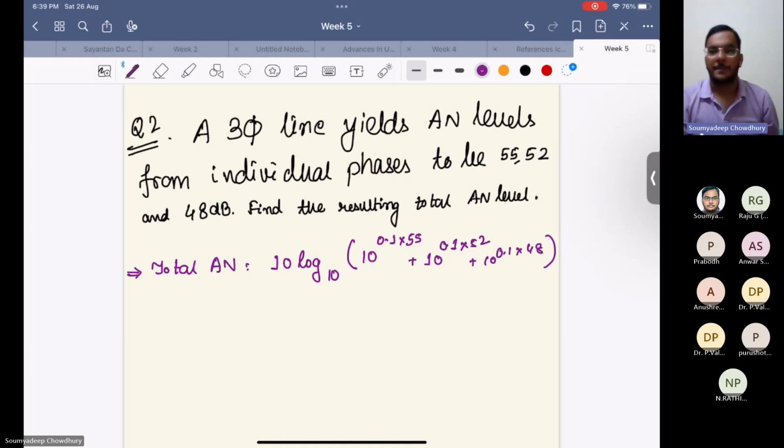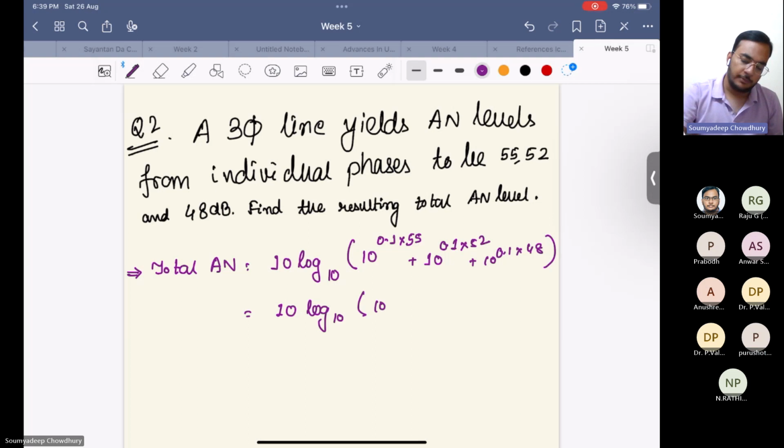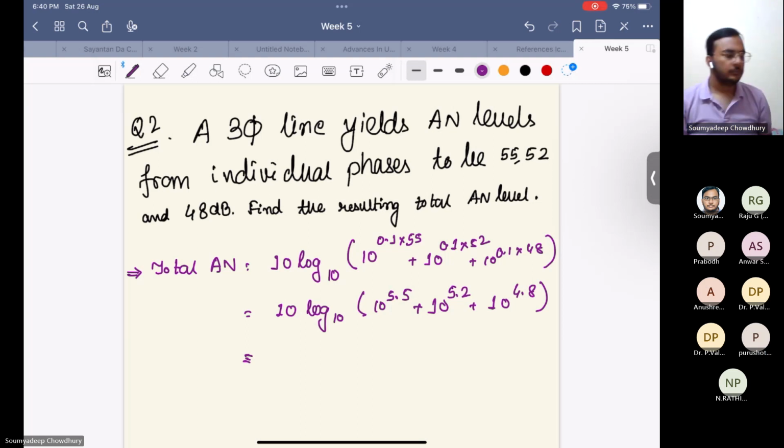Is it clear? Clear, sir. Your voice is not clear, Purushottam. Can you come back once again? Sir, I'm getting very low signal at my place. Okay. Is it clear for you? Yes, sir, I'm following, sir.